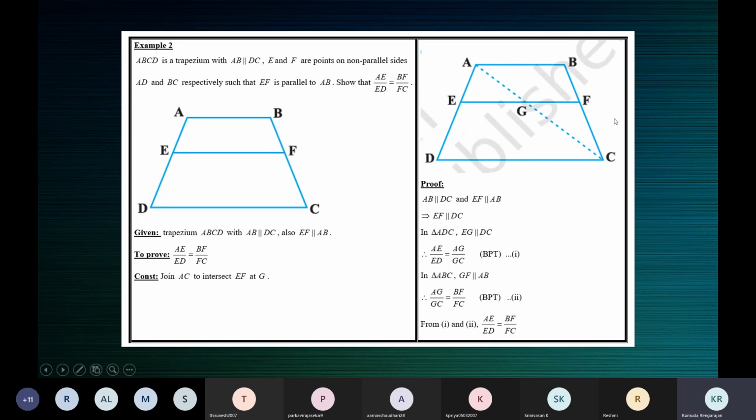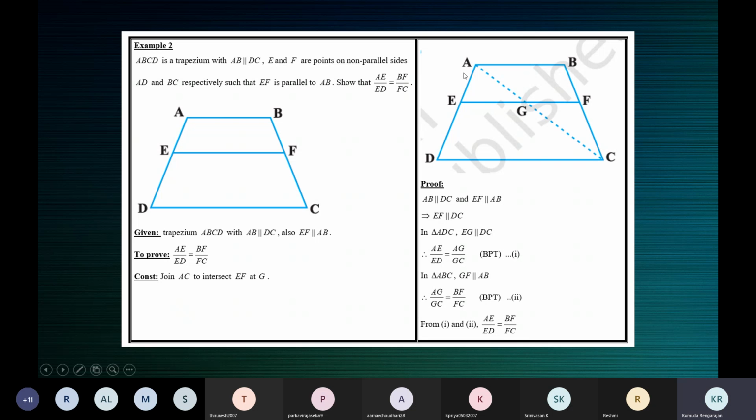Don't see the rest of the figure here. See only this triangle ADC. In triangle ADC, EG is parallel to DC. Why is EG parallel to DC? Because EF is parallel to DC, ma'am. EG is parallel to DC because EF is parallel to DC.